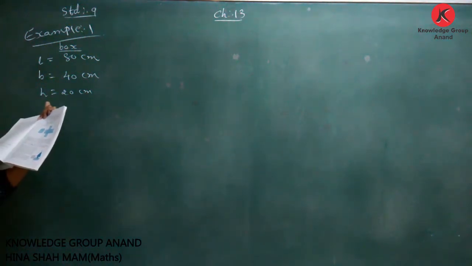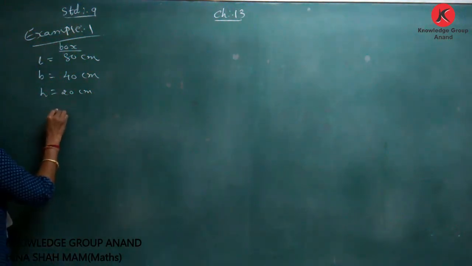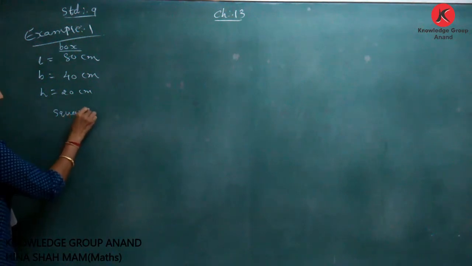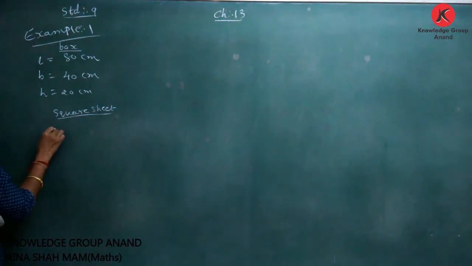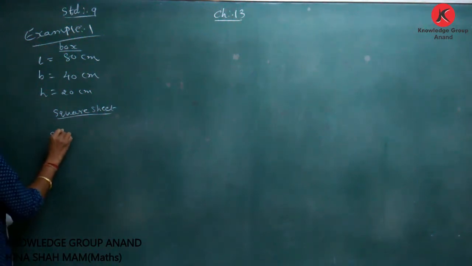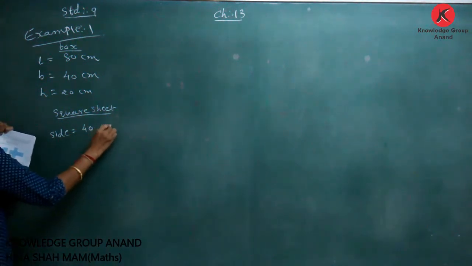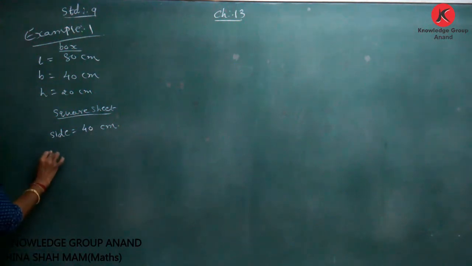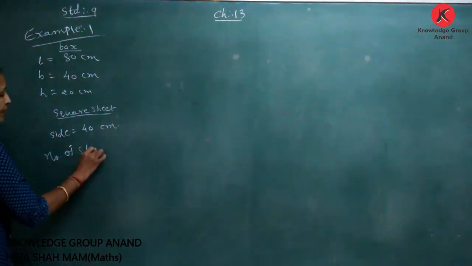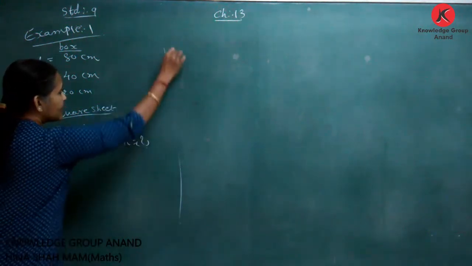How many square sheets of paper of size 40 cm? The square sheet's side is equal to 40 centimeter. Then find how many sheets she requires. The number of sheets we call n. How many sheets?